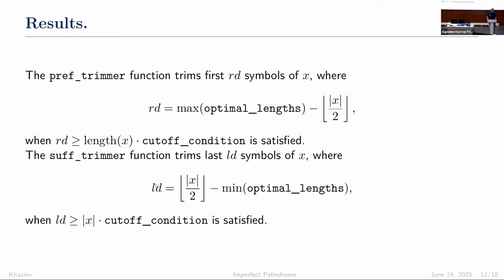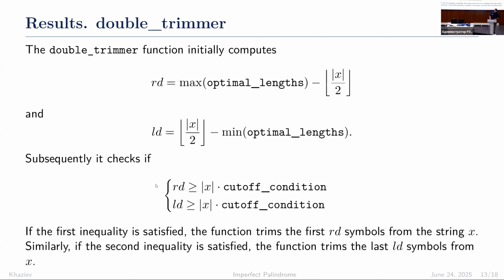And if it's greater than some percentage of x, we also cut off the last LD symbols. And we also have the third function that basically does both things simultaneously.